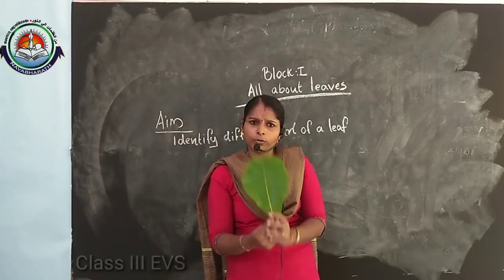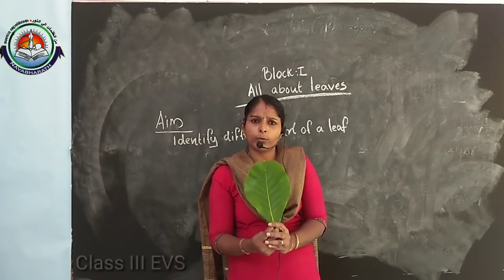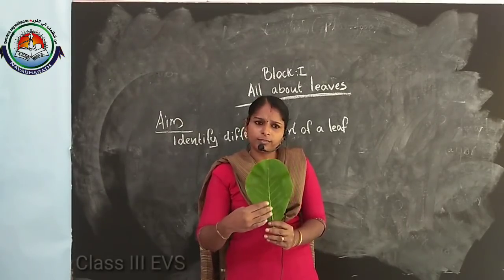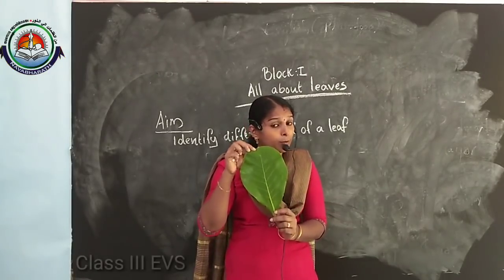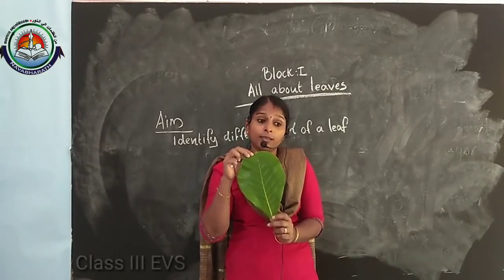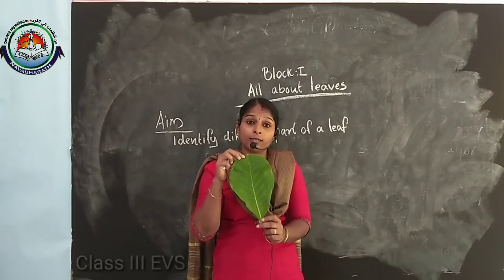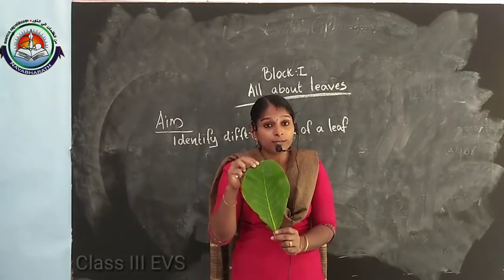You have to ask your parents to give you one leaf, and look at the leaf properly. Then listen to the class, and you can easily understand what a leaf is and what the different parts of a leaf are.